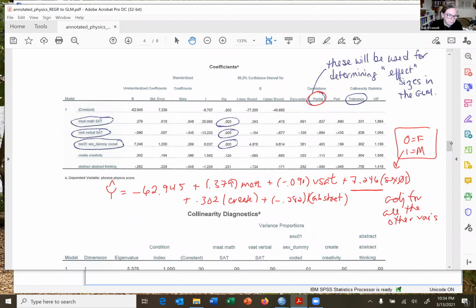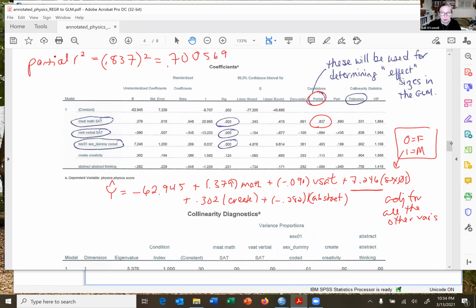For example, if I take this math partial, 0.837, and square it, I get a value of 0.700569.